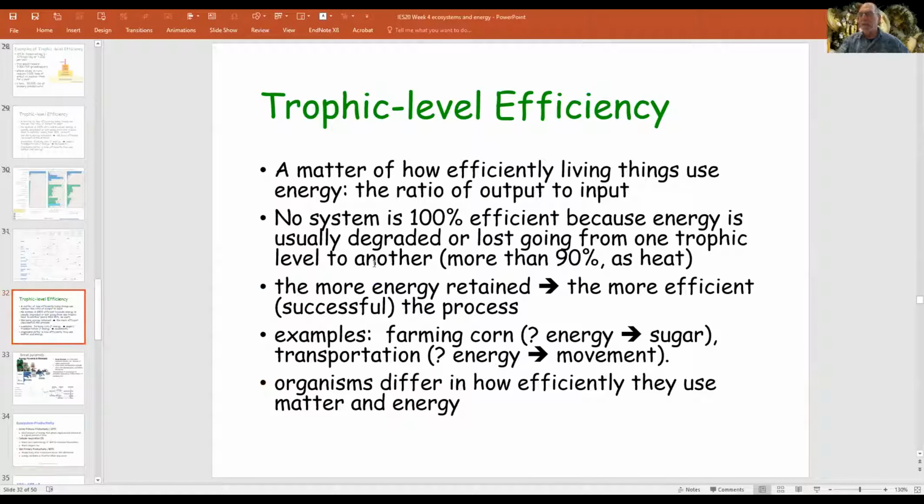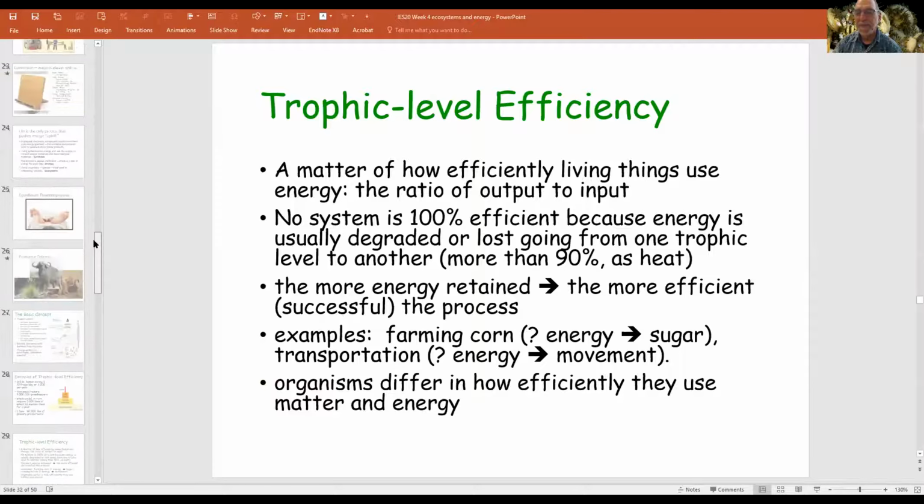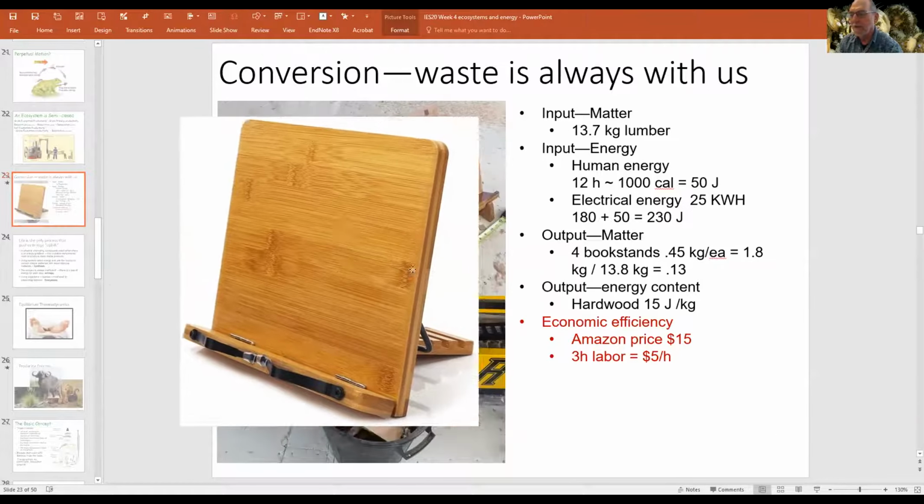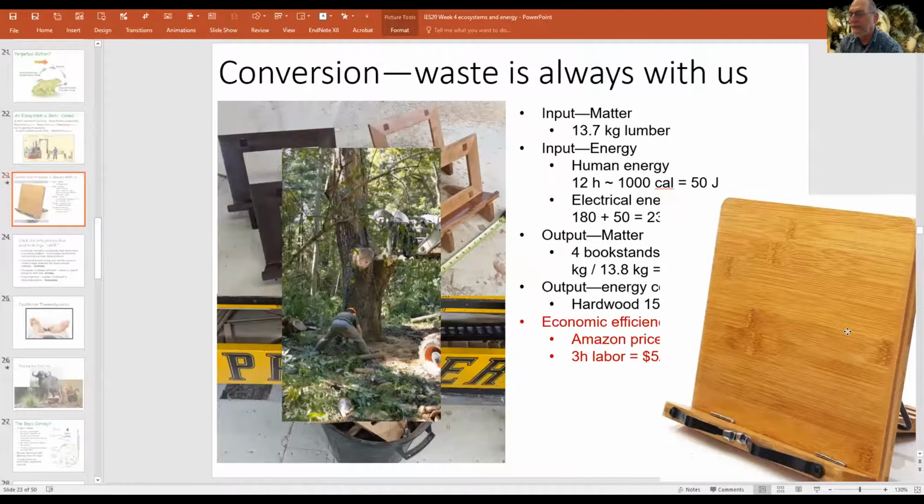Okay, so we talked on Tuesday about trophic level efficiency. And I gave the example of a consumer and a producer, and I talked about my production of reading book stands.